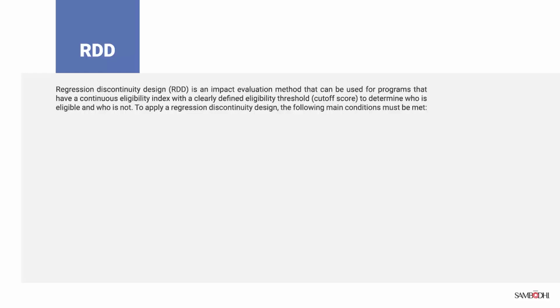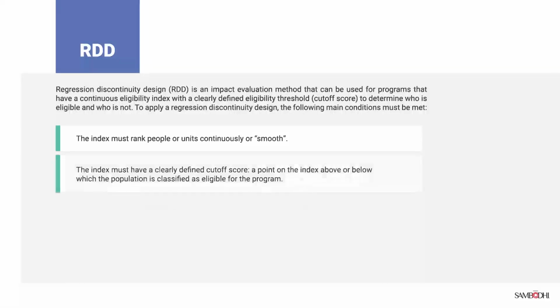For a researcher to use this approach efficiently for a study, they must be mindful of meeting the following conditions. The index must rank people or units in a continuous or smooth way. The index must have a clearly defined cutoff score, that is, a point on the index above or below which the population is classified as eligible for the program.